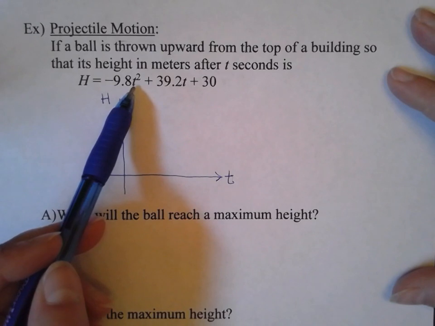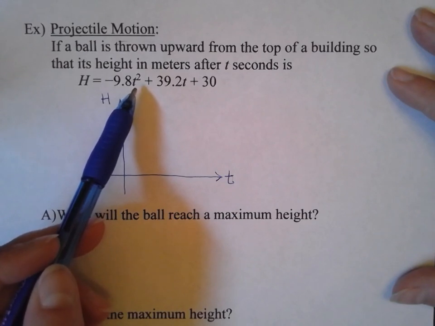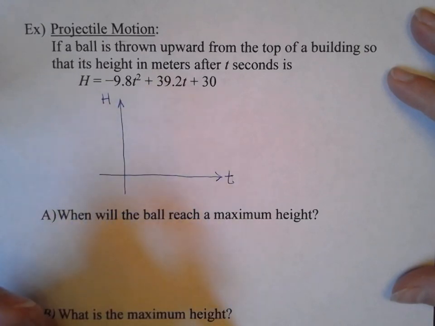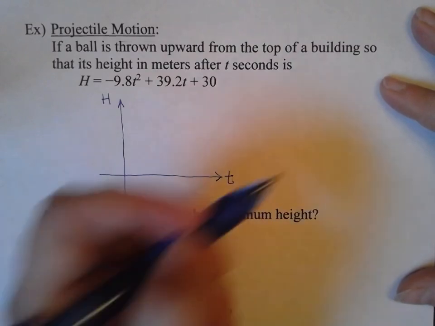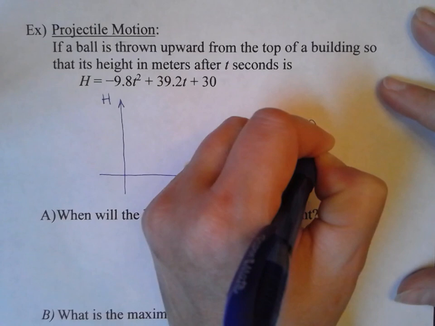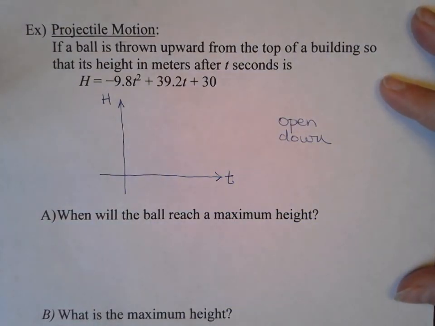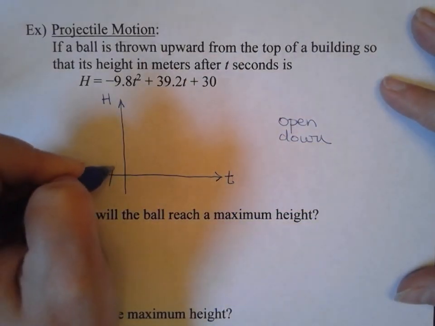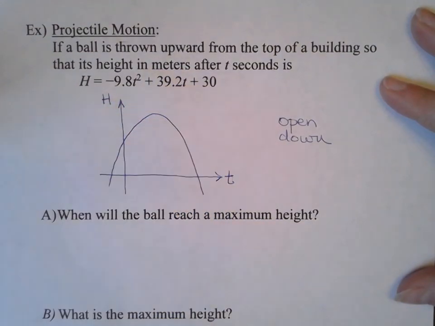Anytime I have an independent variable that's squared, whatever letter I'm using to represent it, that indicates that I'm going to have a shape that's a parabola. So what about this parabola? Is it going to open up or open down? It's going to open down because the value for a is negative. So I have a parabola that opens down.